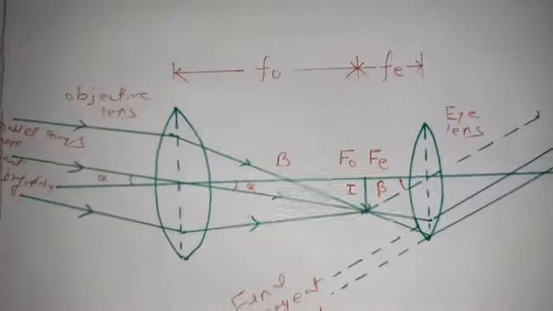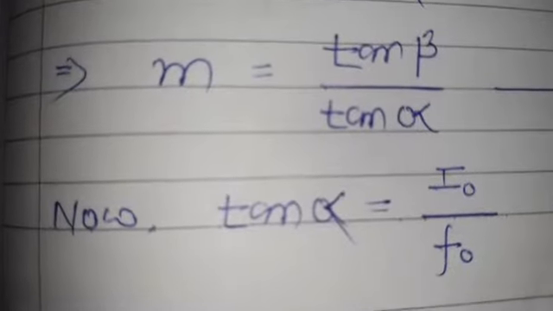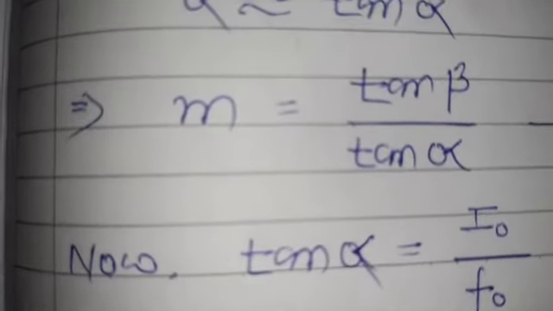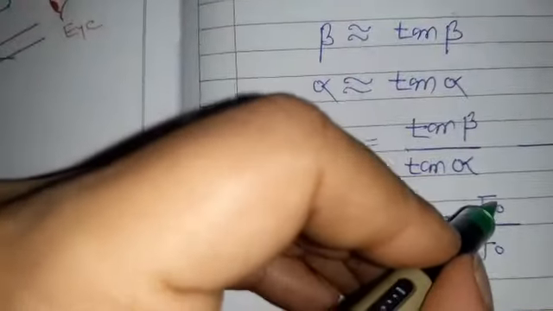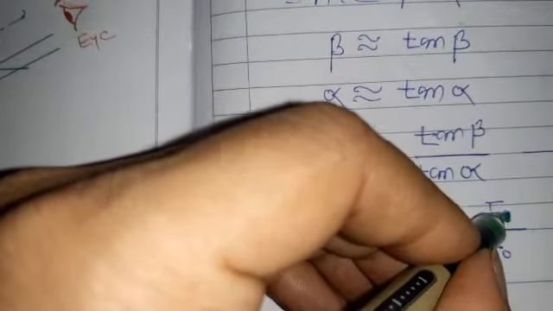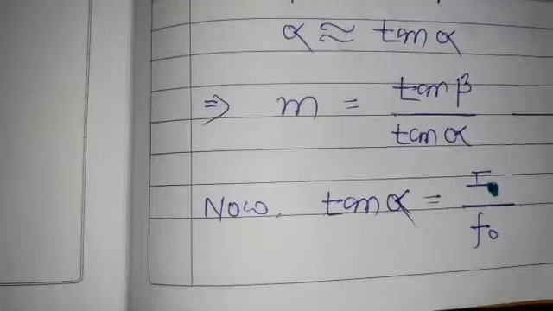So tan alpha equals I upon f naught. This is not I, just correct it. This is I only, and this is your f naught.